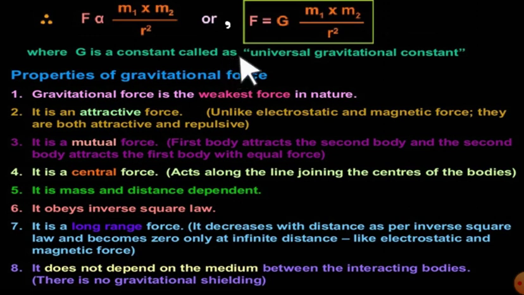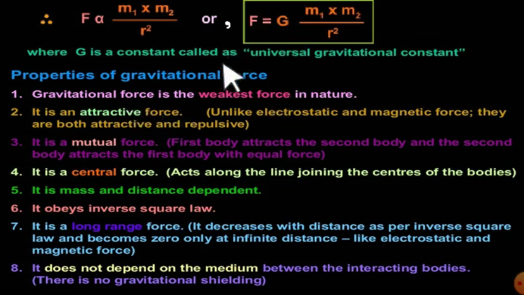So the constant there, we call it the universal gravitational constant. We will come later to how to find its value and its unit. Even though it is a constant, it is a dimensional constant, so it has its own unit.